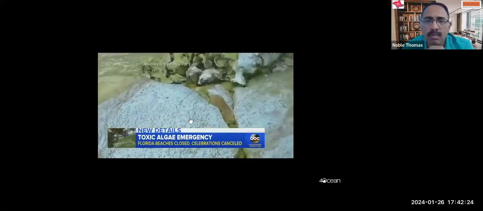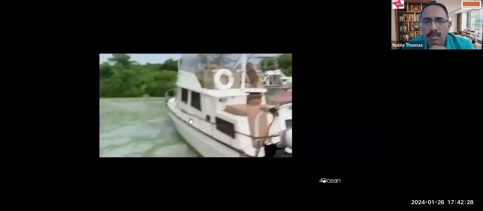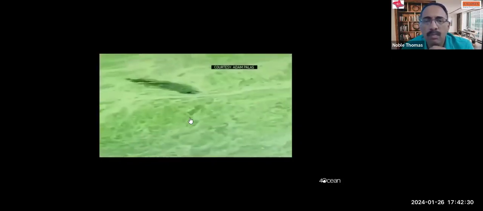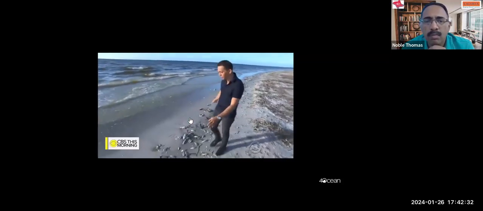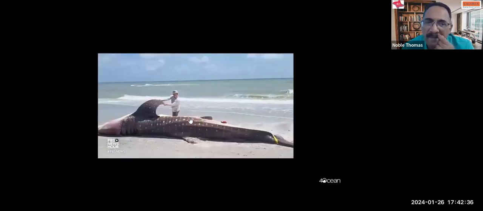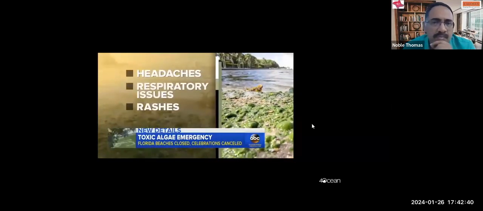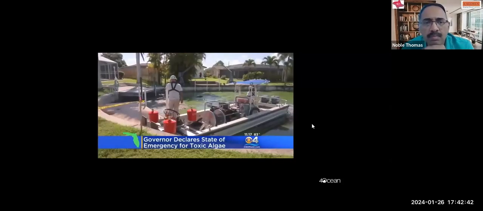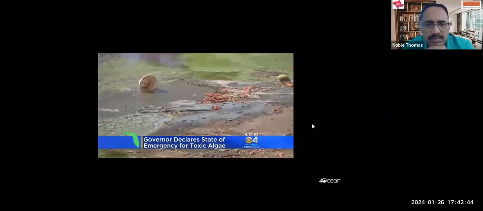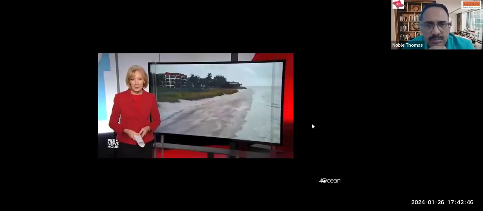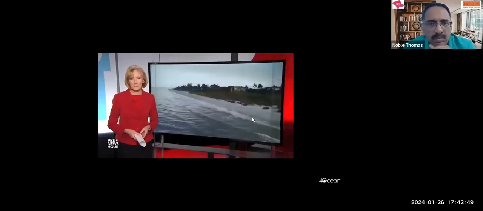A state of emergency in Florida. Green, slimy, smelly, and flat out dangerous invasion. Manatees struggling to move. Thousands of dead fish. Dolphins, sea turtles, even a 26-foot whale shark. Some residents complaining of headaches, respiratory issues, and even rashes. The pungent algae bloom stretches for about 150 miles, growing bigger and lasting longer than years before.